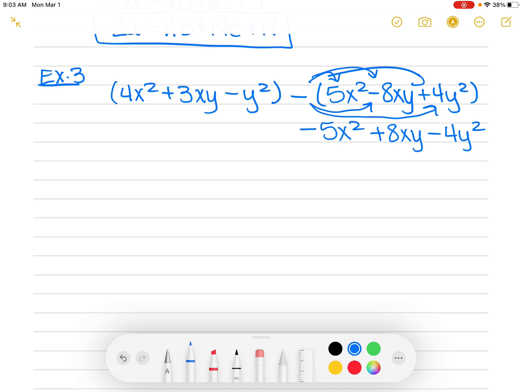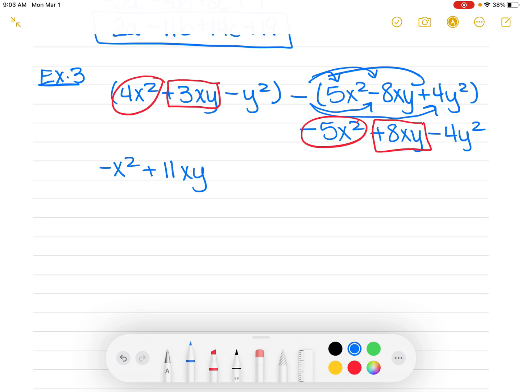Okay, and now I'm getting a little bit of a different way to do it each time. So now instead of rewriting this all down here, I'm just going to combine them. So I have 4x squared and a minus 5x squared, so that's going to be a negative x squared. My next one is 3xy and an 8xy, so that's going to give me 11xy.